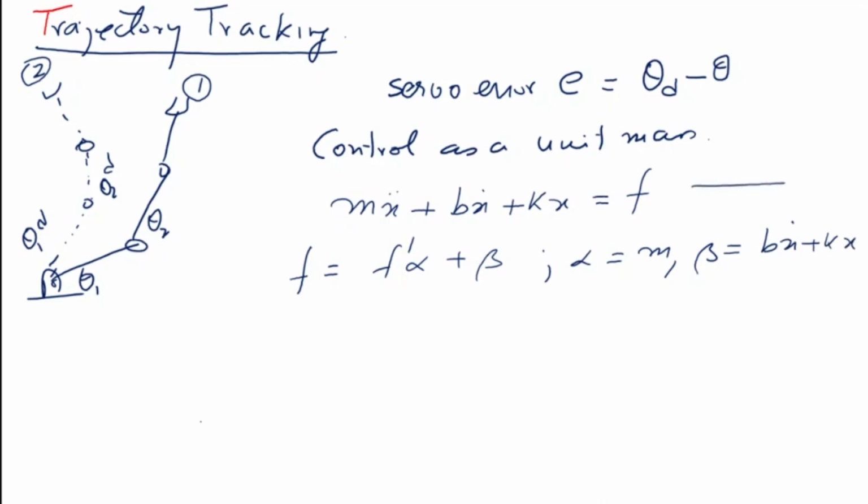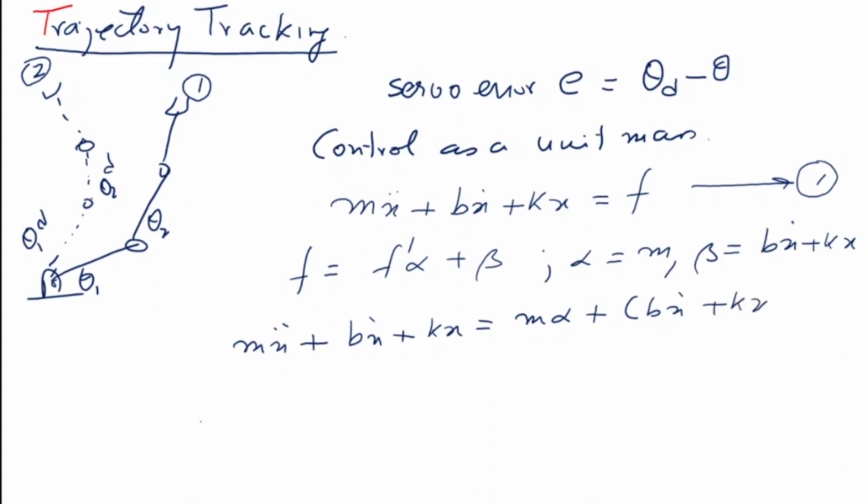When we put it in equation number 1, we are able to cancel out terms. So what we are basically trying to control is a unit mass system, because the mass here is unity.